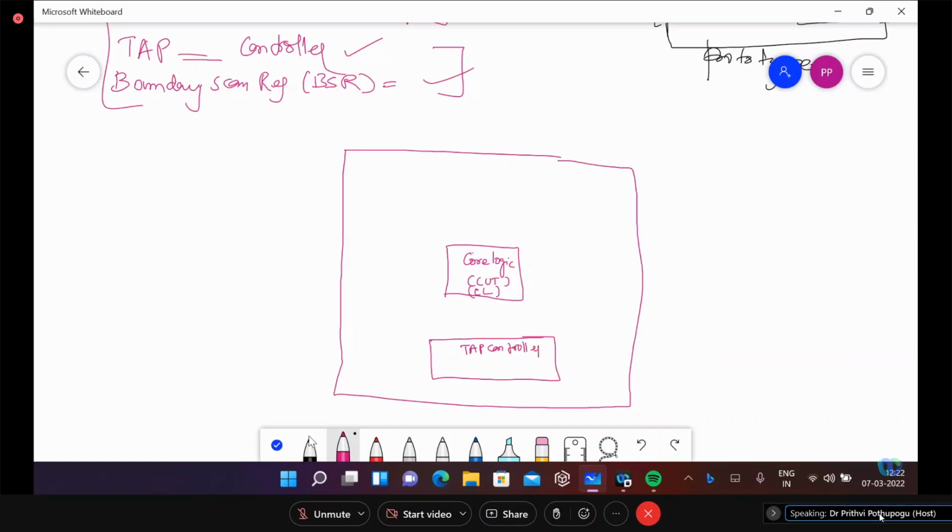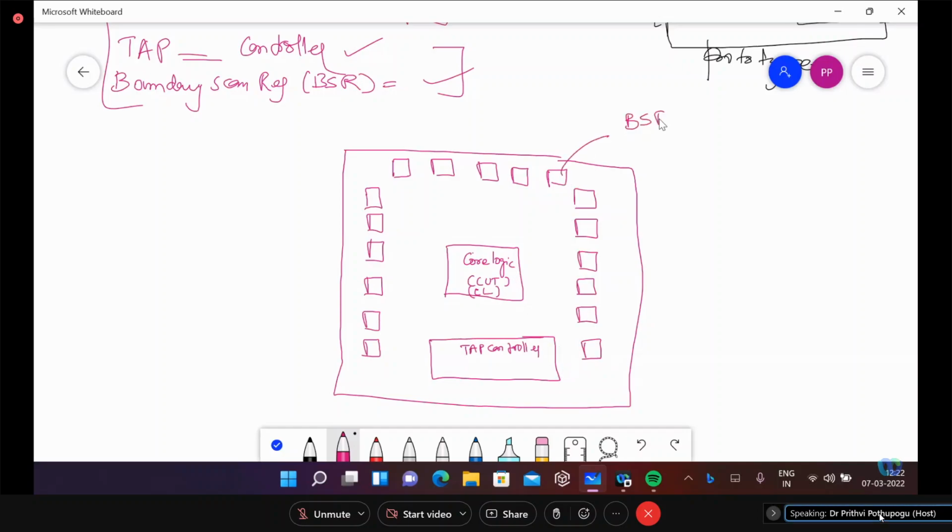The set of registers that are used will be placed in all directions, available to both the user as well as the testing circuit. These are the boundary scan registers, BSRs.